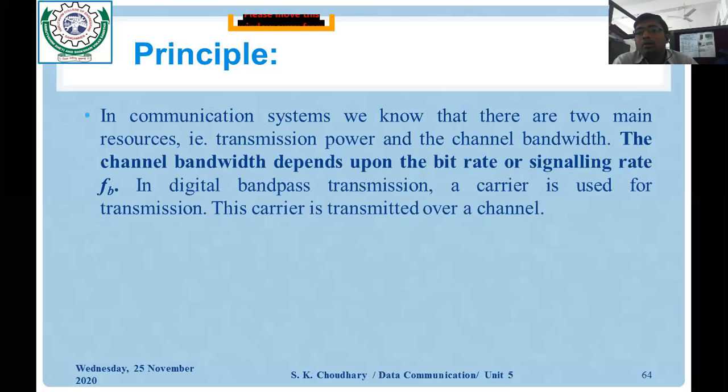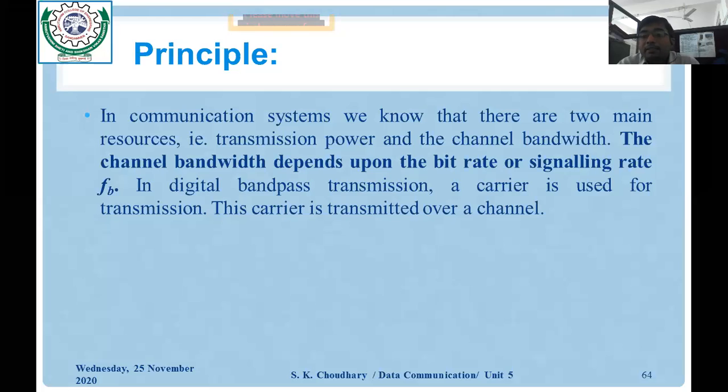That's why we draw the power spectral density of all the signals. The channel bandwidth depends upon the band pass transmission.